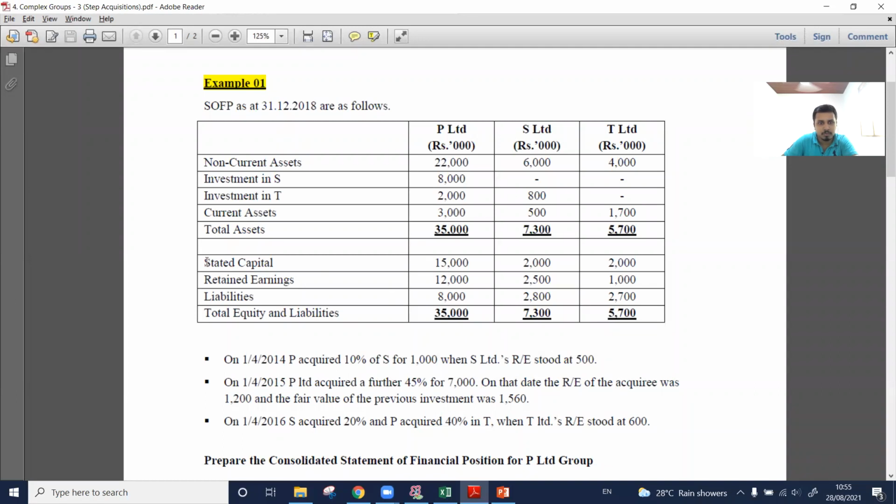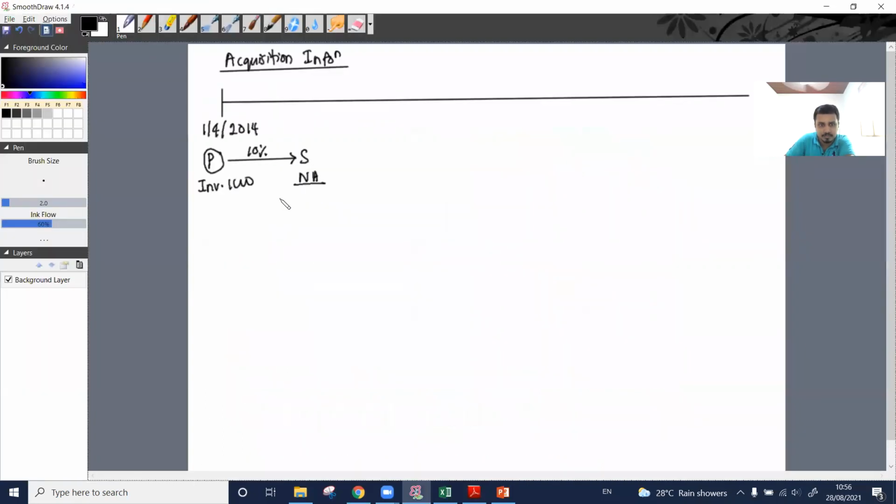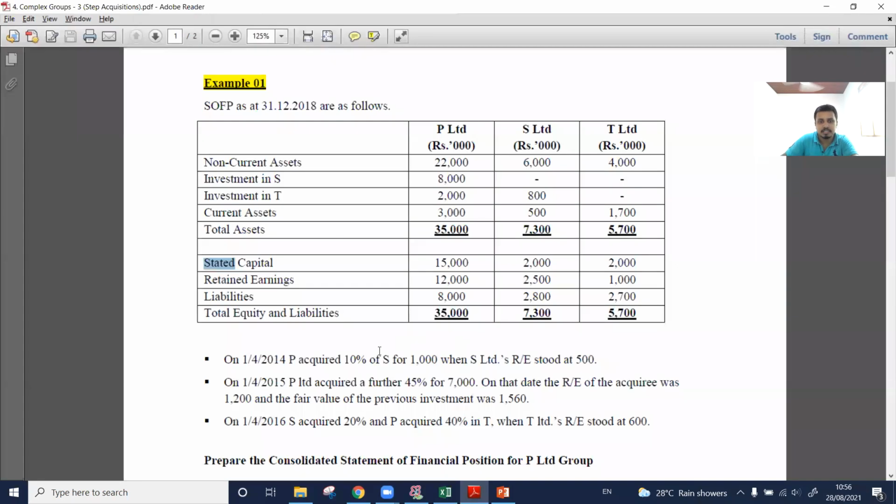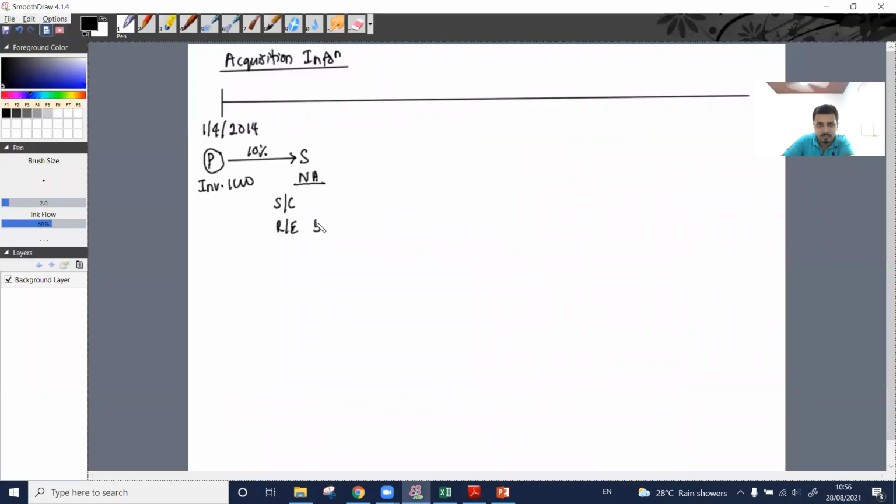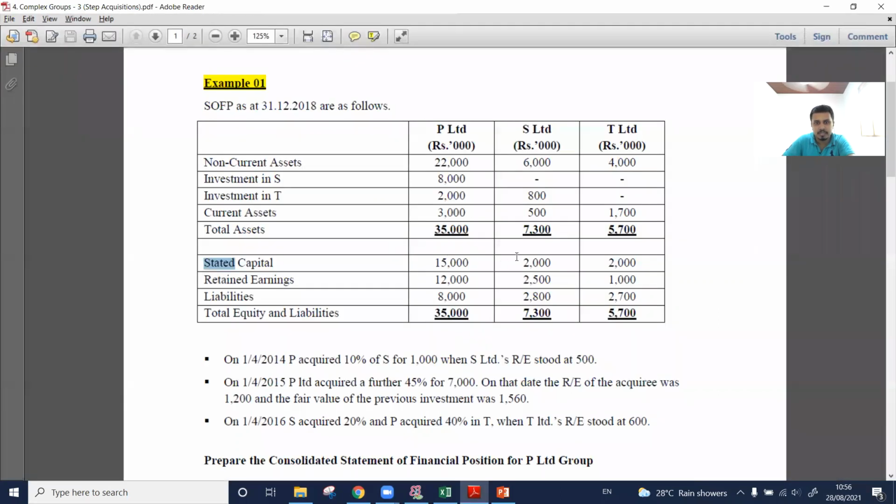So what are the equity components we are having here? Stated capital and retained earnings. Retained earnings as at this date were stood at 500. What about the stated capital?